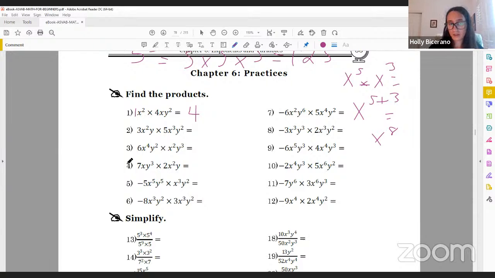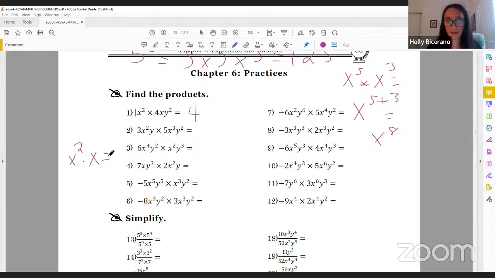And we're not including that y squared because that has a different base. So let me just put that down here. Once you become good with these, you won't have to write down each and every step as I am doing now. But when you're beginning, I recommend you write it down.